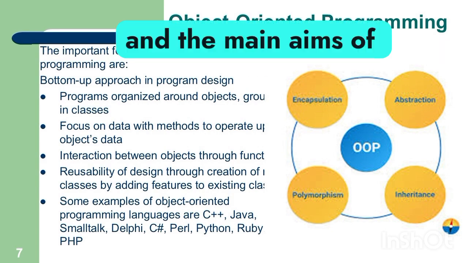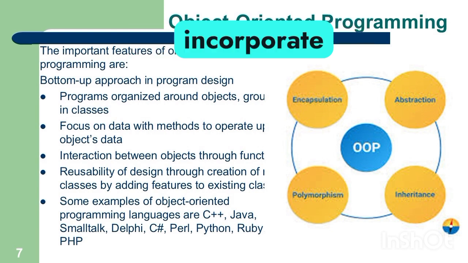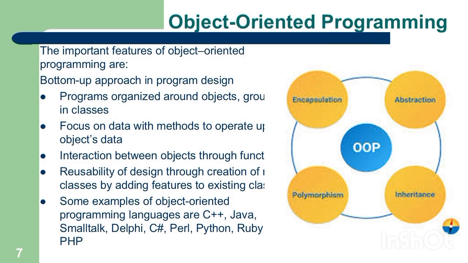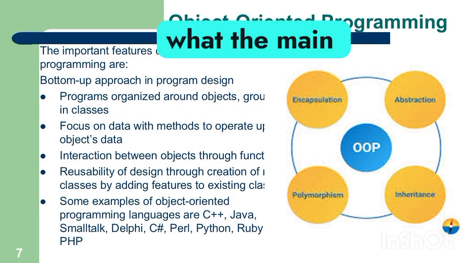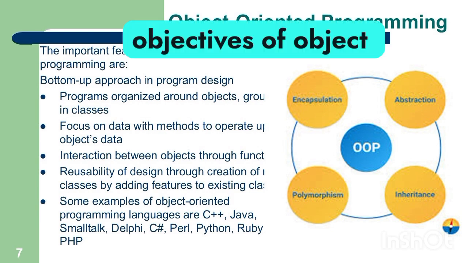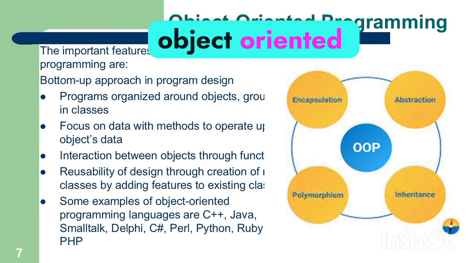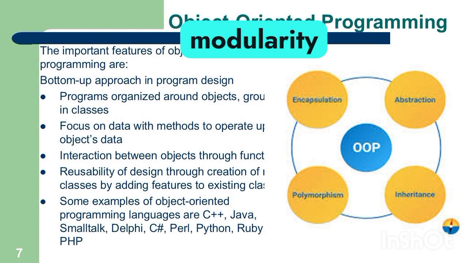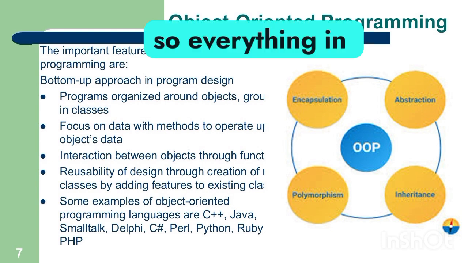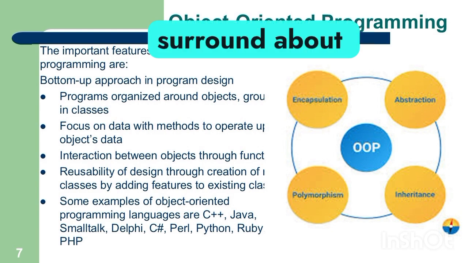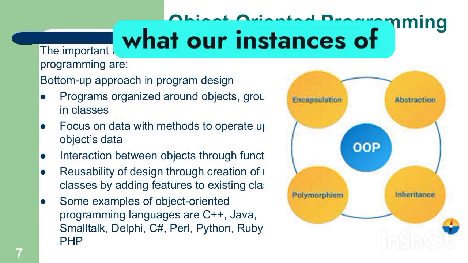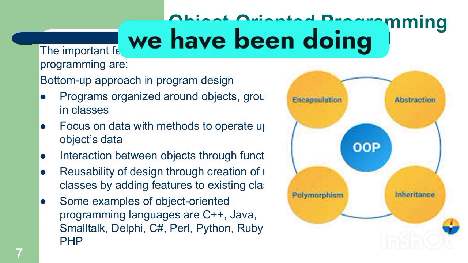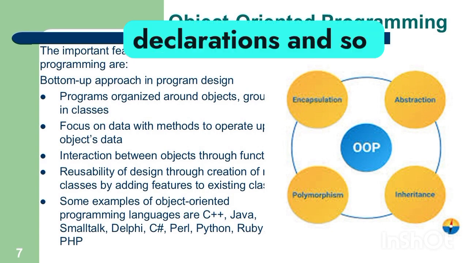The main aim of object-oriented programming is to incorporate the advantages of modularity and the reusability of your code. So that is the main objective of object-oriented programming: to make sure that you have code reusability and modularity. Everything in object-oriented programming surrounds objects, which are usually instances of classes. We have been doing Java class declarations and so on.